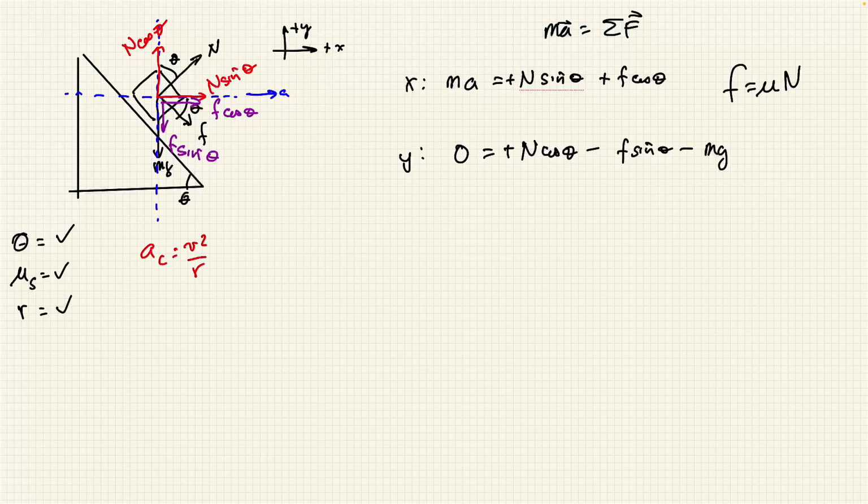Mathematically, I'm going to substitute in that f right there and then solve this equation for n. And once I have that n, I'm going to plug it in up there, substitute in my v squared over r, and then solve for v.